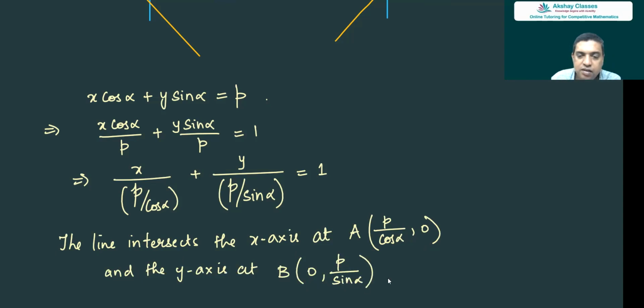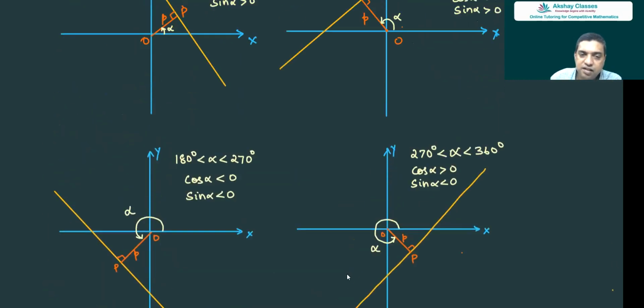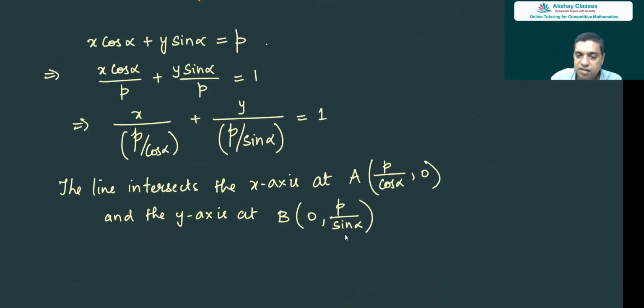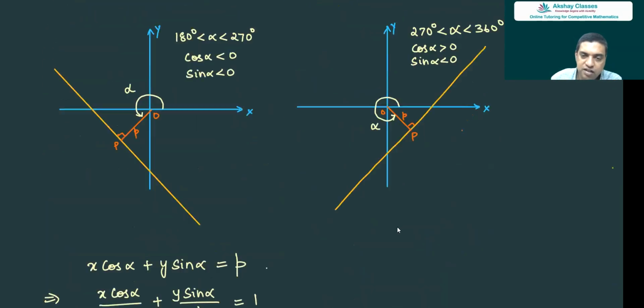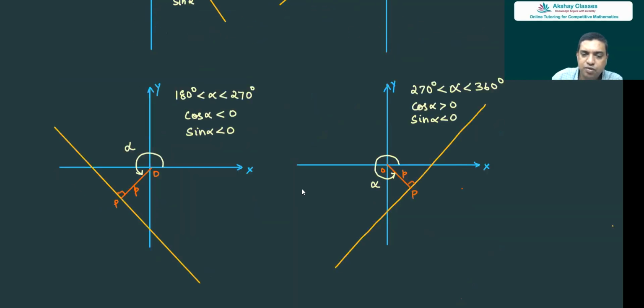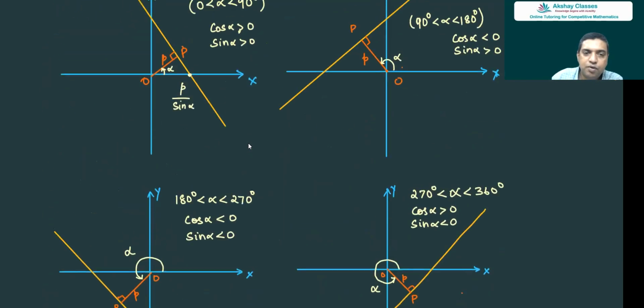So you see now, A is P upon cos alpha, B is P upon sin alpha. So you see here these points, the x intercept, P upon cos alpha.